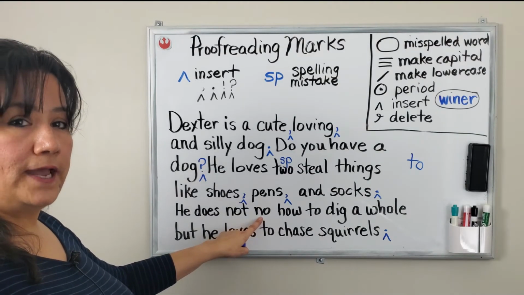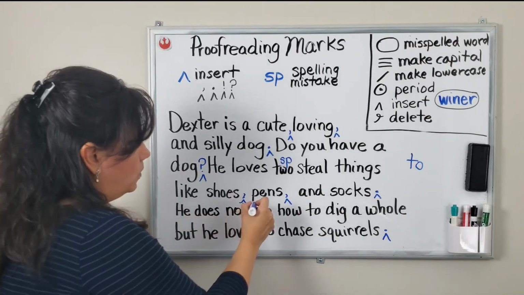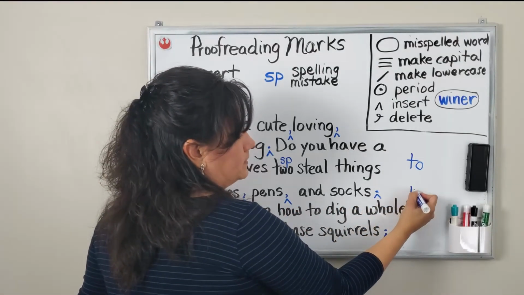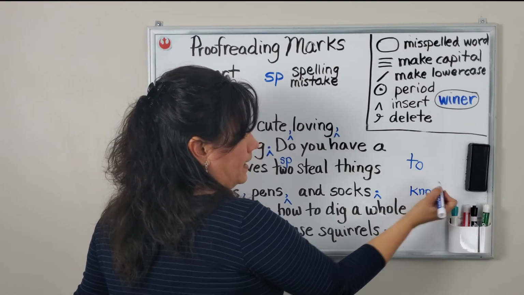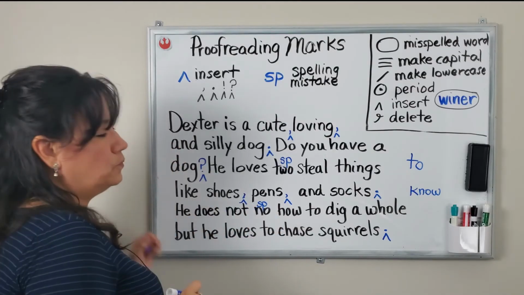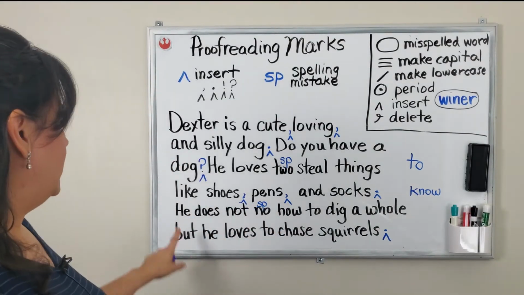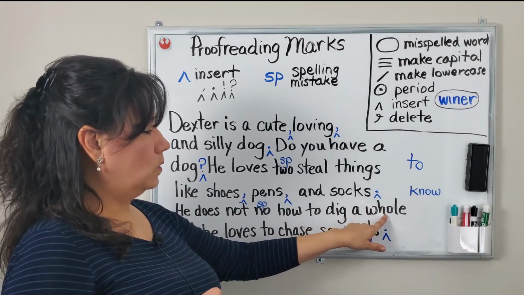That sounds correct, but this "no" means no. What we're looking for is the word that means knowledge, and it is misspelled, so we put an SP on know. He does not know how to dig a hole.